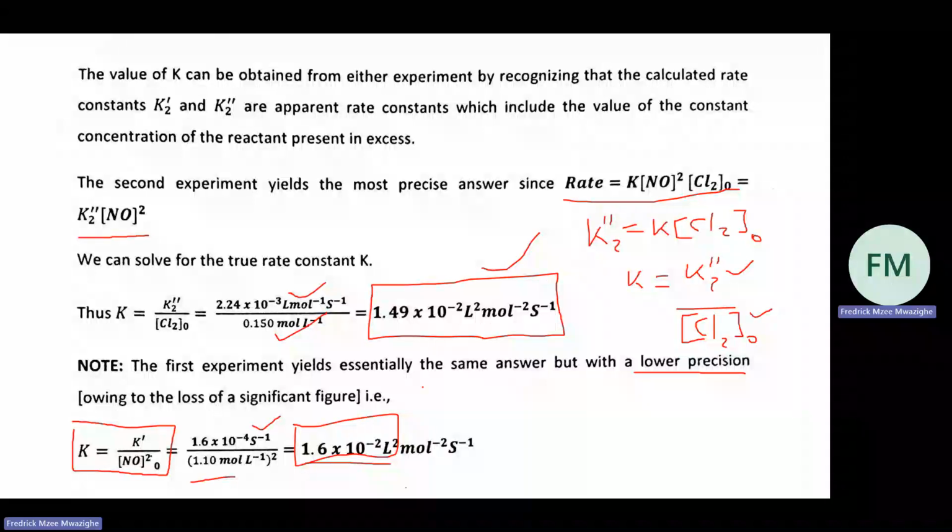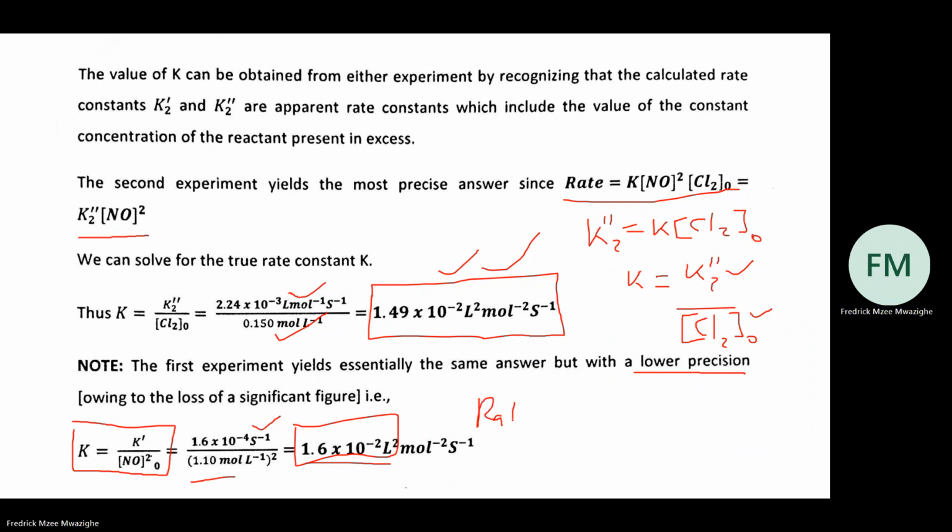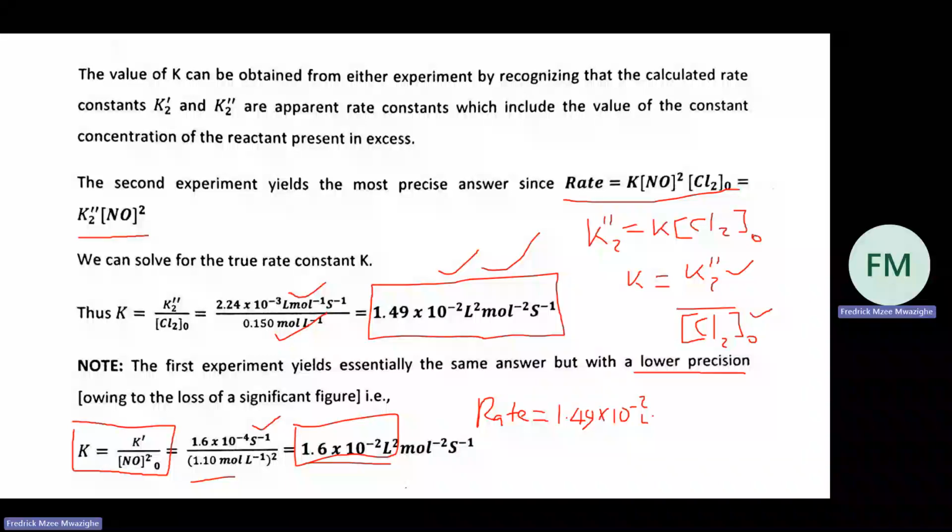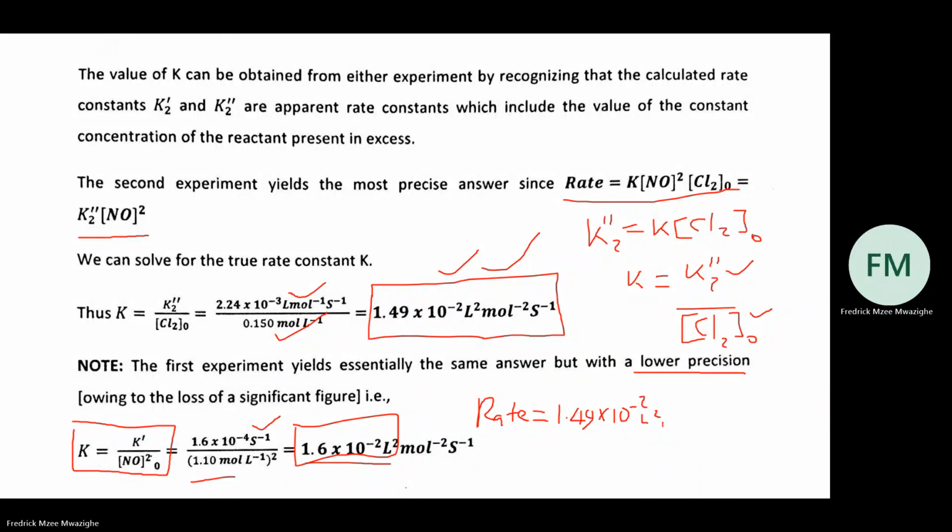So if we use this particular rate constant value, then the exact rate law expression is: rate equals 1.49 times 10 to the power minus 2 liter squared per mole squared per second, times the concentration of NO squared, times the concentration of chlorine to power 1.